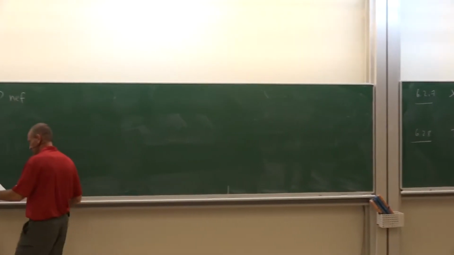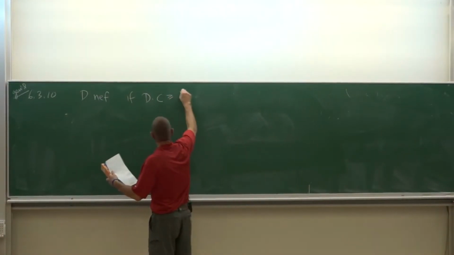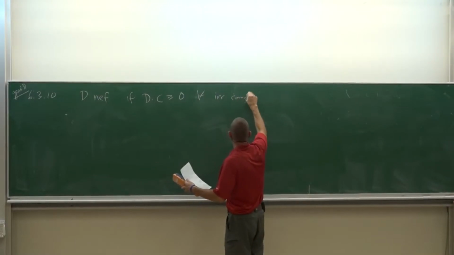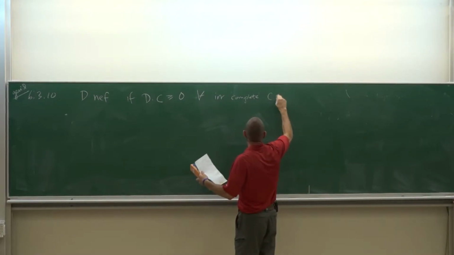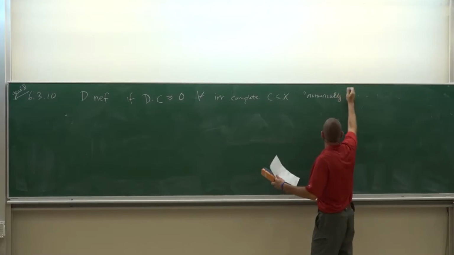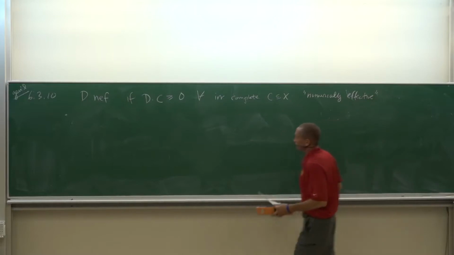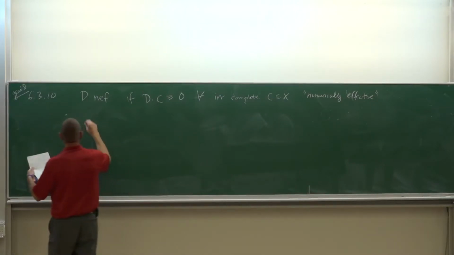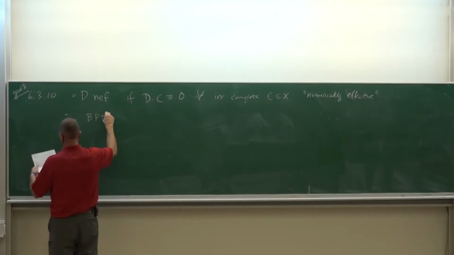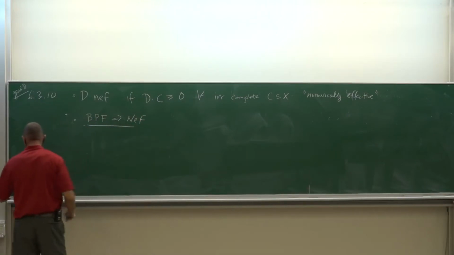So D is NEF if D dot C is greater than or equal to 0 for all irreducible complete curves C contained in X. This is numerically effective. And this is a general fact that base point free implies NEF.